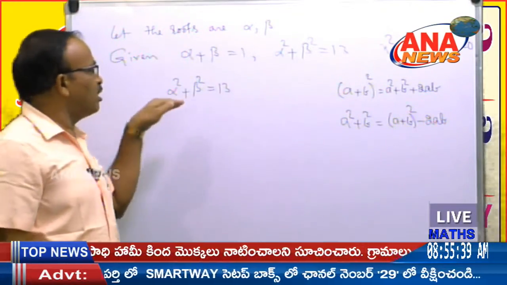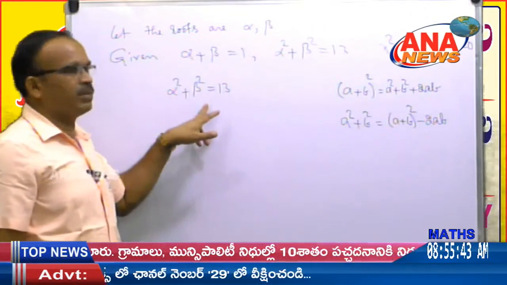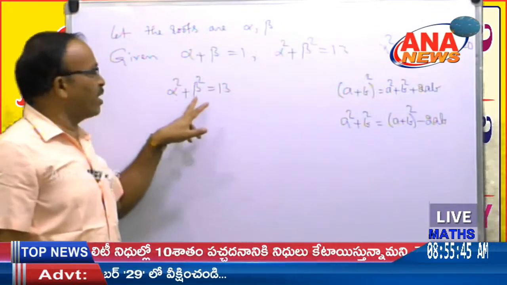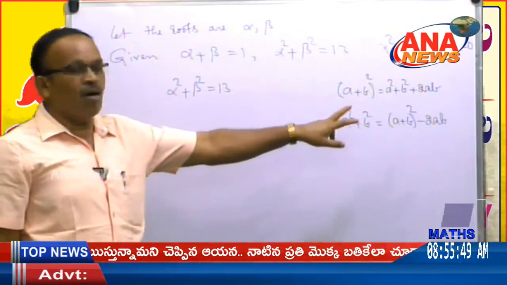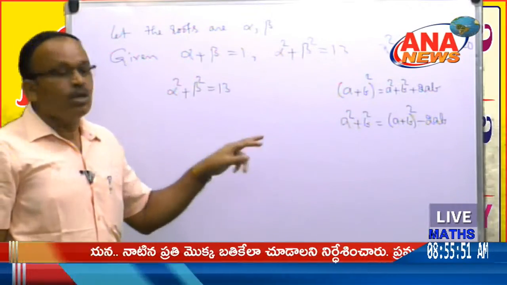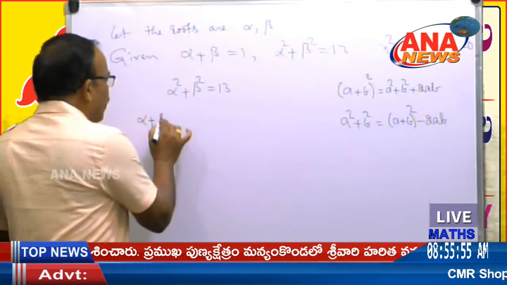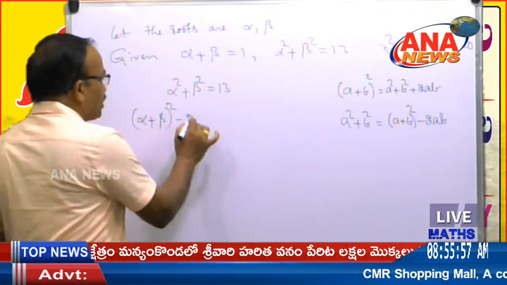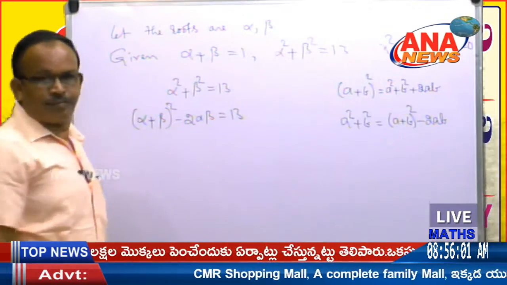Use the formula here. Alpha square plus beta square can be expressed as (alpha plus beta) whole square minus 2 alpha beta. So (alpha plus beta) whole square minus 2 alpha beta is equal to 13.